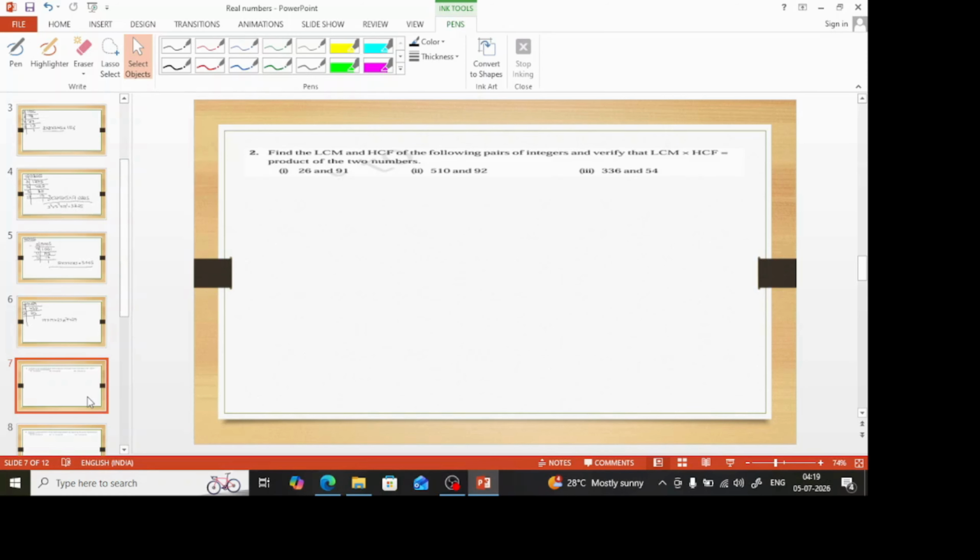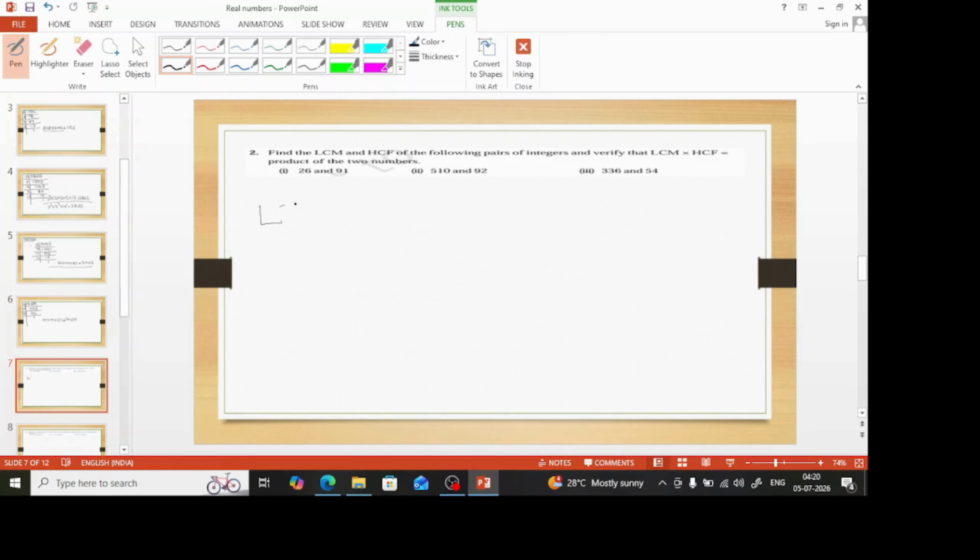Find the LCM and HCF of the following pairs of integers and verify that LCM into HCF is equal to the product of the two numbers. First of all, we must know the meaning of LCM, HCF, and there is also one rule.